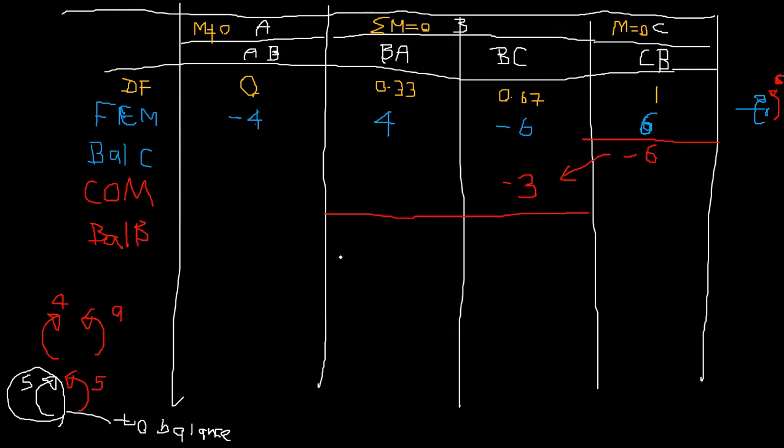So 5 into 33% means 5/3, that is 1.67. The remaining part is 5 into 0.67, which is 3.3.